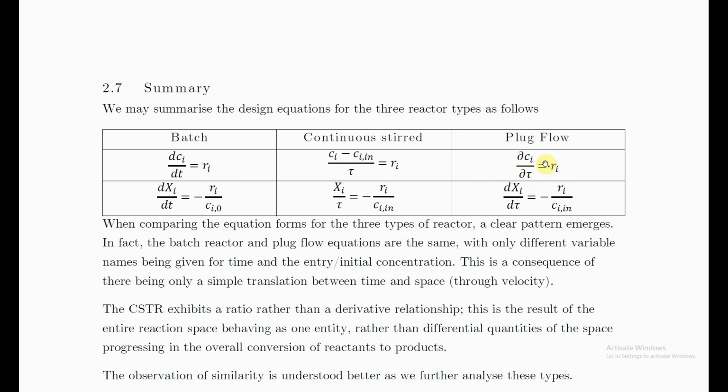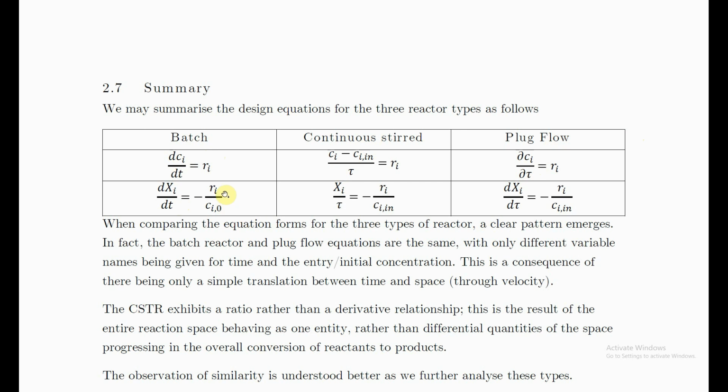But it's also equal to Ri. And then here, it's also similar. It's like a delta C, this time between outlet and inlet, divided by time, and equal to Ri. So you can see close analogies among these three types of mixing, even though these are very different physical situations and arrangements. And then in terms of conversion, you also have these strong similarities.